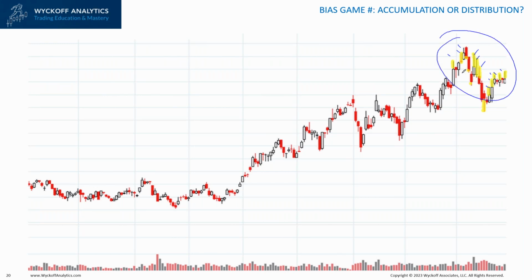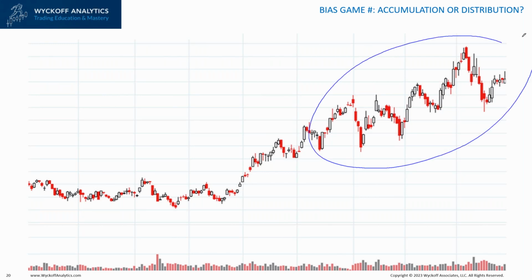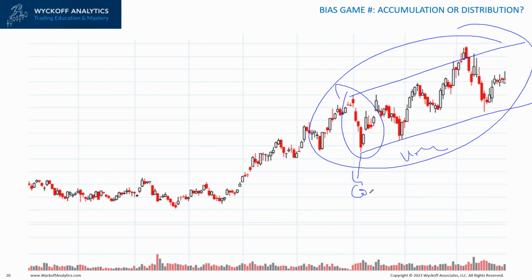Okay, good observation. So what's the bias? Down. Distribution. Yeah, whenever I see this type of pattern, and by this I mean upsloping with increased volatility, especially with this change of behavior, and this happens in potential phase D, it definitely catches my eye.